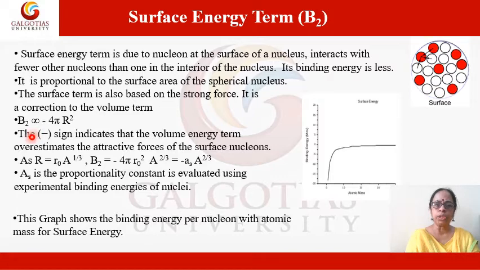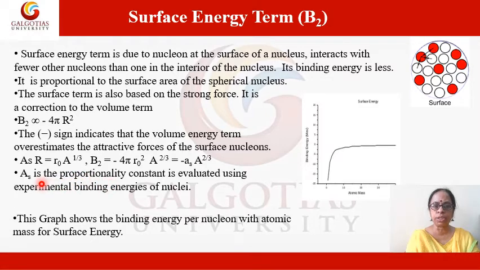So B2 is proportional to minus 4 pi r square. Negative sign indicates that the volume energy term overestimates the attractive forces of the surface nucleons. Now we know that r, radius of the nucleus, is equal to r naught A to the power 1/3.